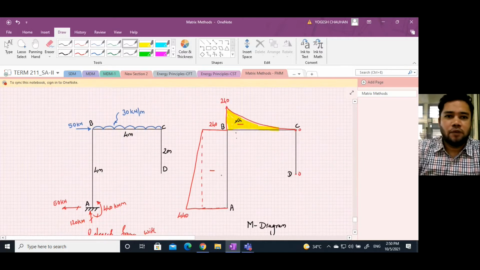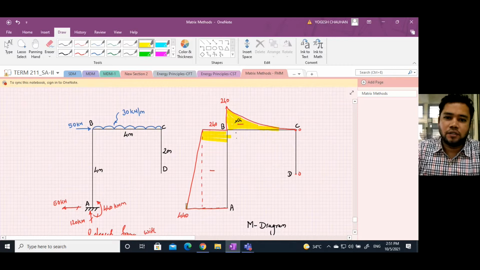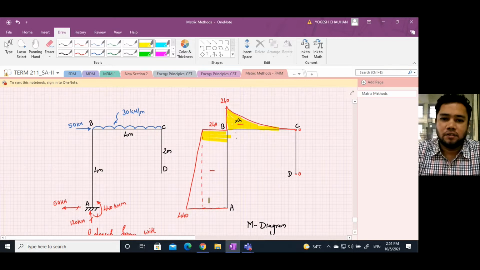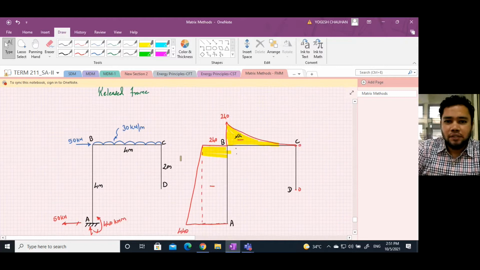In the same way, you find the area of this curve. Here you can take separate areas for the rectangular portion and the triangular portion, or you can find the area directly as a trapezoid and the CG distance of the entire area. But for simplicity, we split it into 2 parts: one rectangle and one triangle.